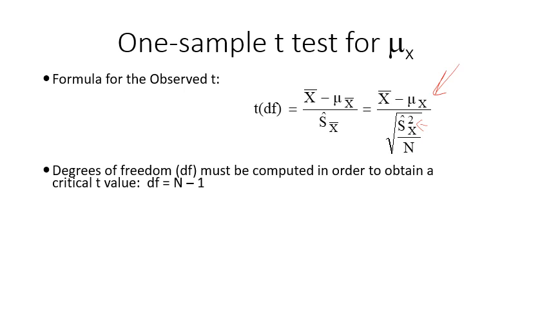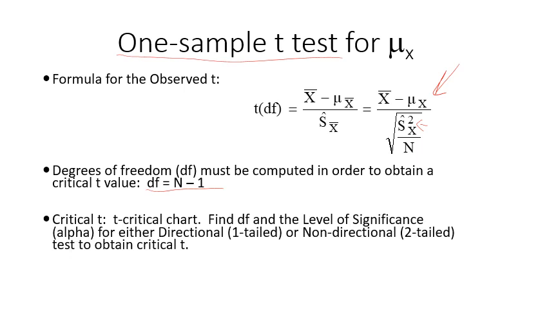Our degrees of freedom for a one sample t-test. So we're doing again a one sample t-test. The degrees of freedom for a one sample t-test is always going to be n minus 1. Our degrees of freedom will change when we do different tests, but for a one sample t-test it is n minus 1, n being our sample size.